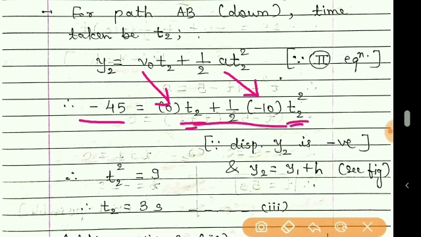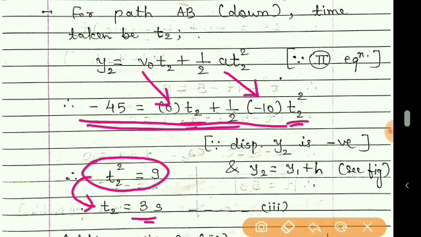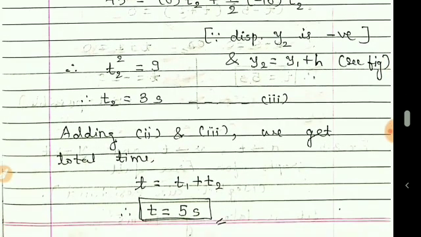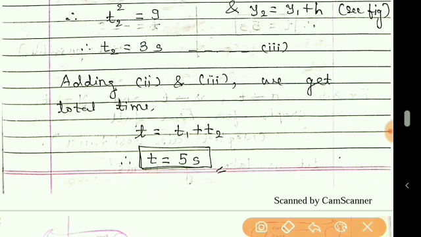Mathematically solving, you will get t2 square is equal to 9, and therefore taking square root we will get t2 is equal to 3 seconds. Now we have already obtained time t1, which was 2 seconds. We obtain now time t2, which is 3 seconds, and so total time t is equal to t1 plus t2, that is 2 plus 3 is equal to 5 seconds.